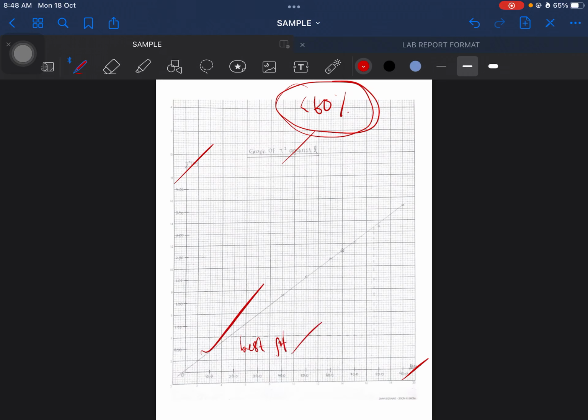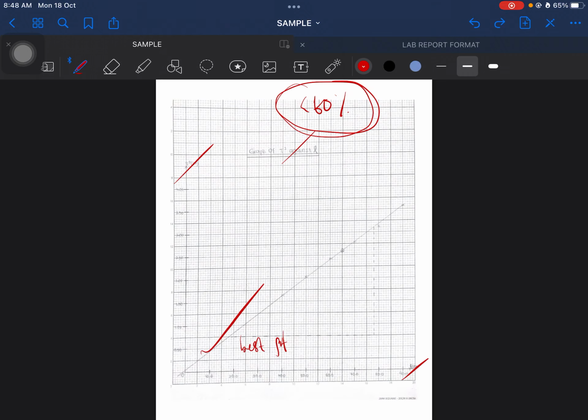And then within the best fit line, meaning that it is balanced. And then draw the triangle of gradient more than 50% of the graph. Is this acceptable?